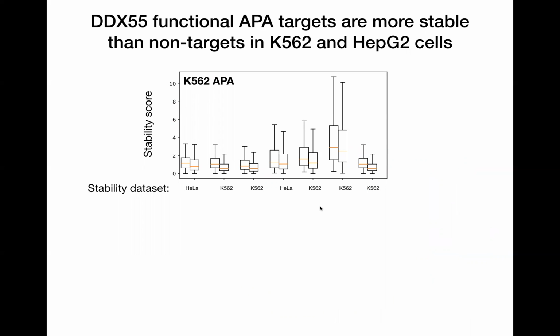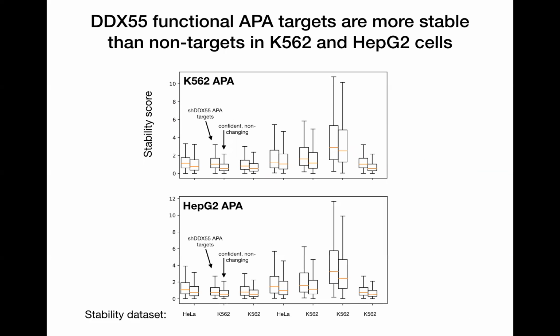If we look at sequencing data that measures the endogenous mRNA half-lives in various cell types, these are things like pulse chase type experiments, and we look at the DDX55 targets versus non-targets, confident non-changing, we see that DDX55 functional targets are much more stable, significantly more stable than non-targets. And this is true in both our K562 DDX55 targets and our HepG2 targets.